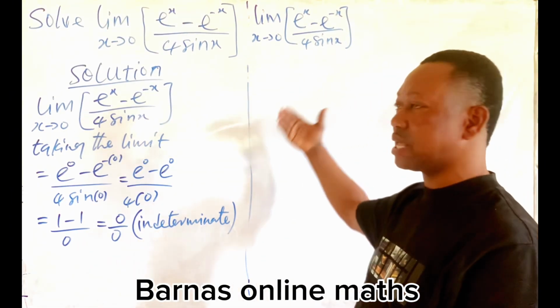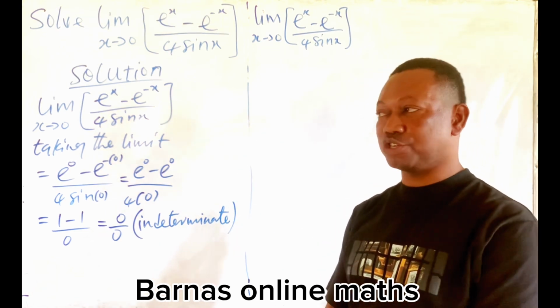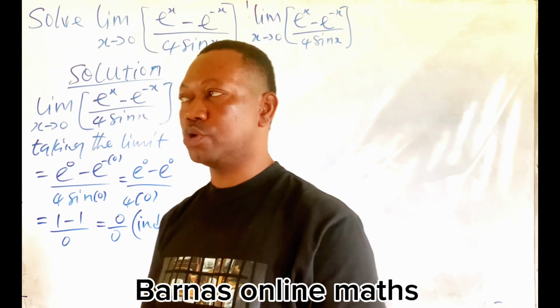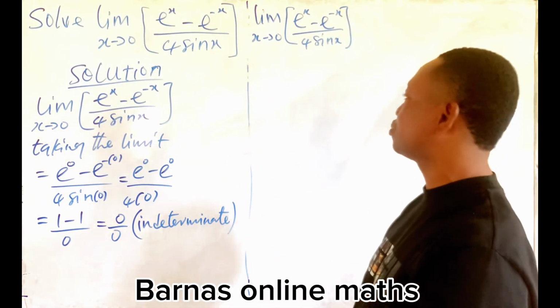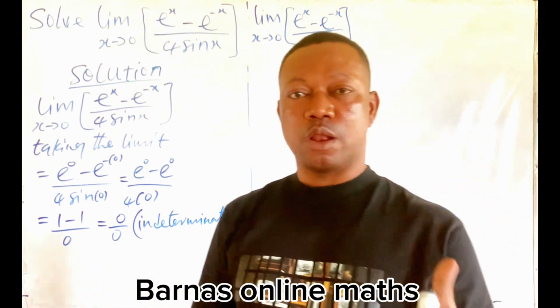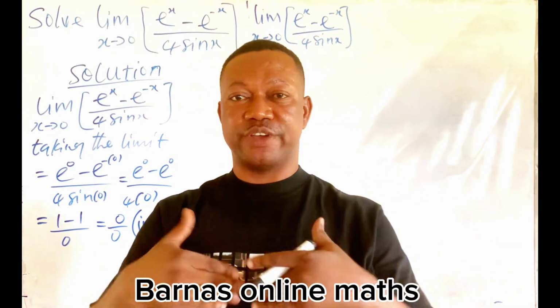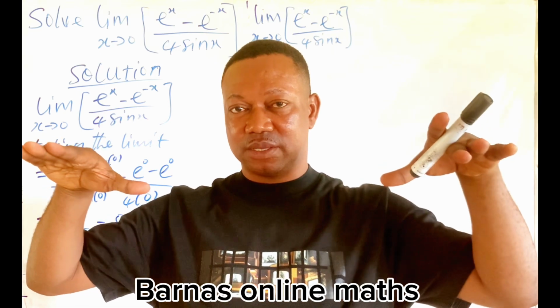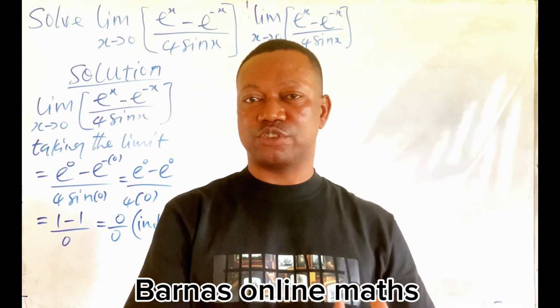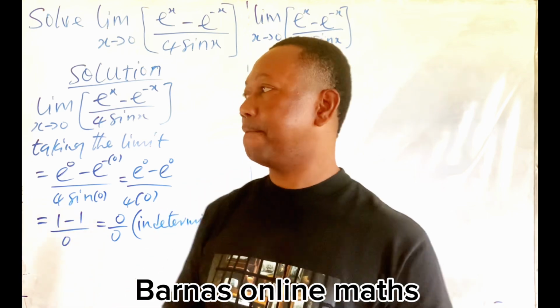You can also apply the rationalization method, but L'Hopital's rule will hold. So we are going to apply L'Hopital's rule here. And what does L'Hopital's rule state? L'Hopital's rule states that you differentiate the numerator separately and the denominator, and the derivative has to be term by term.